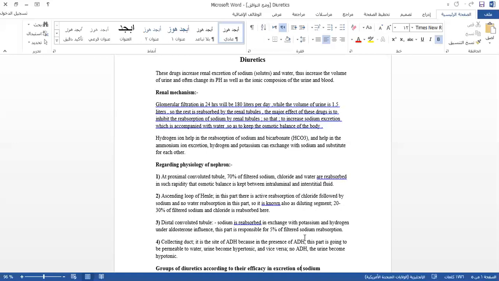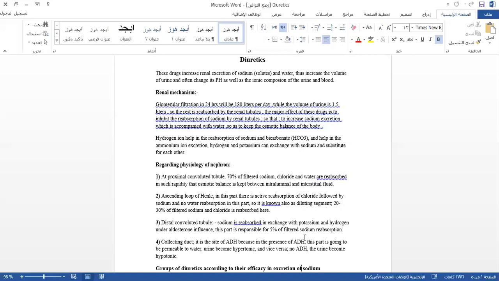Number two, in the ascending loop of Henle, in this part there is active reabsorption of chloride followed by sodium, and there is no water reabsorption. So it is known as the diluting segment. Why?